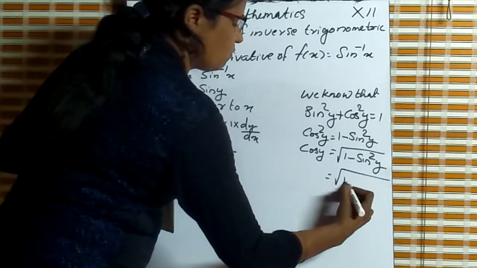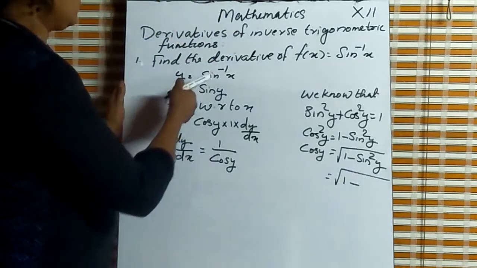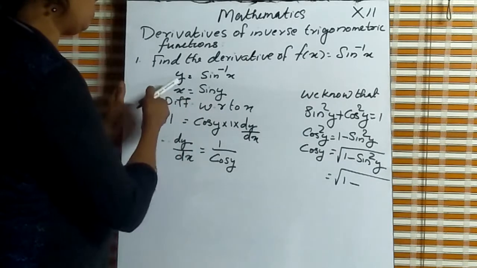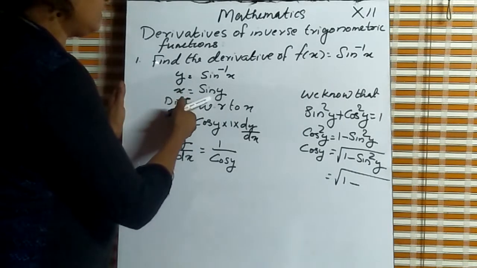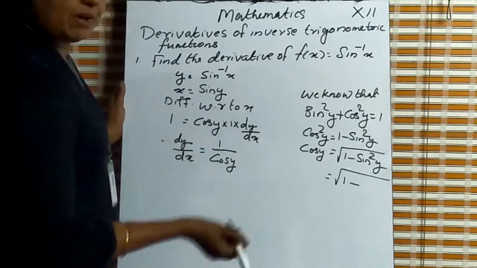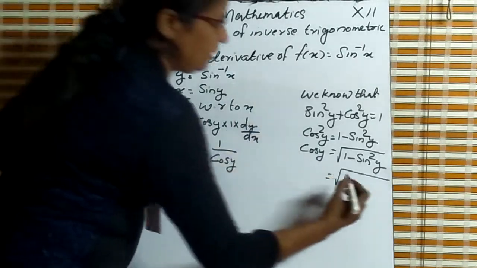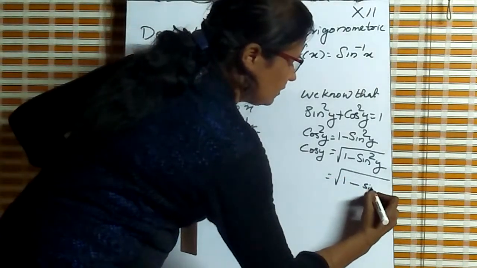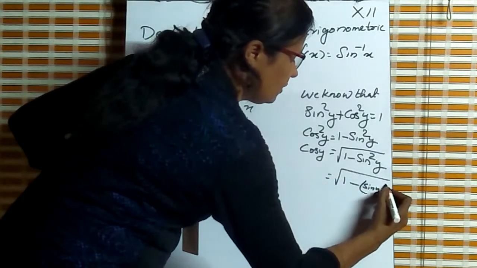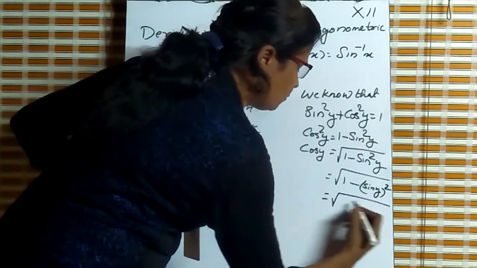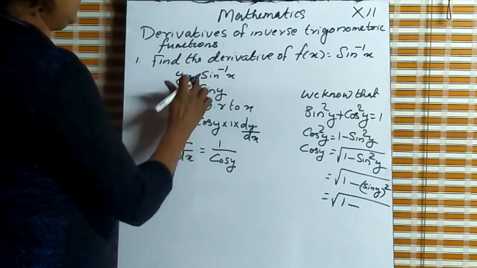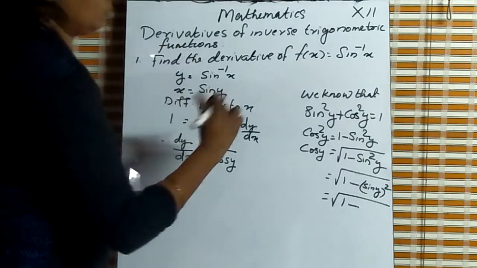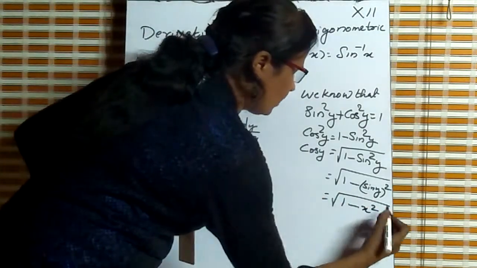What is sin y? Sin y is equal to x. So sin square y means sin y whole square, which is x square.